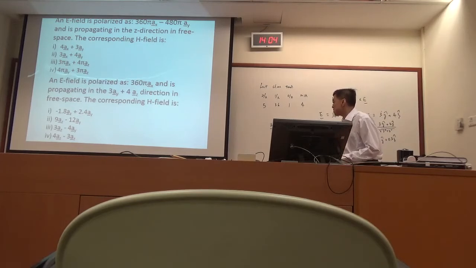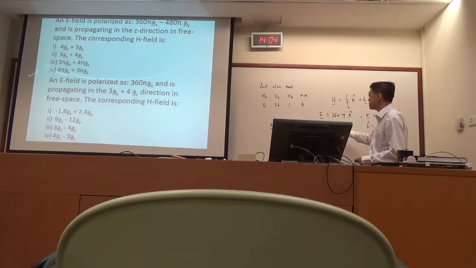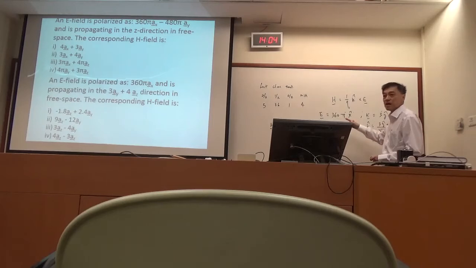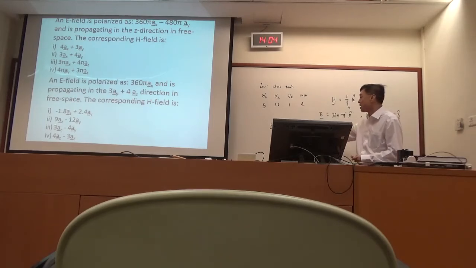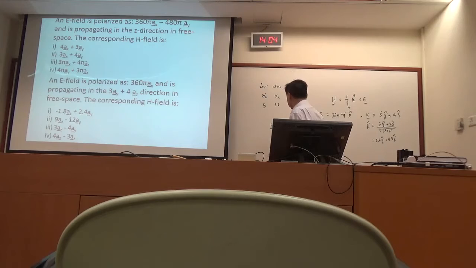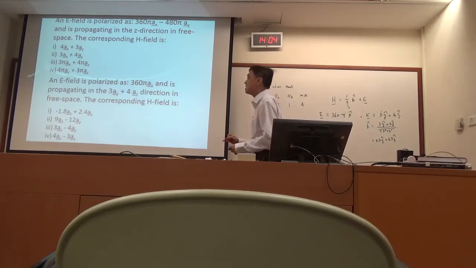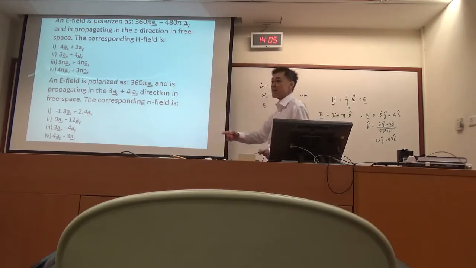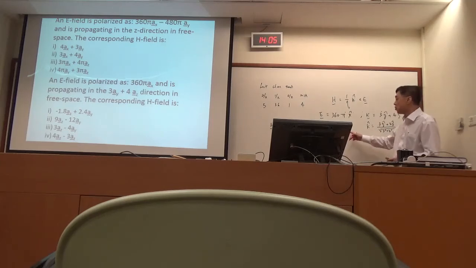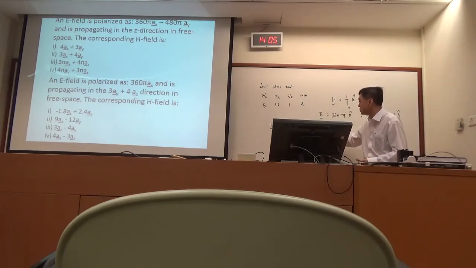So this is equal to 3 times 0.6 is 1.8, y cross x. Y cross x is equal to what? It is equal to minus z. And z cross x is what? z cross x is y, so it's equal to 2.4y.